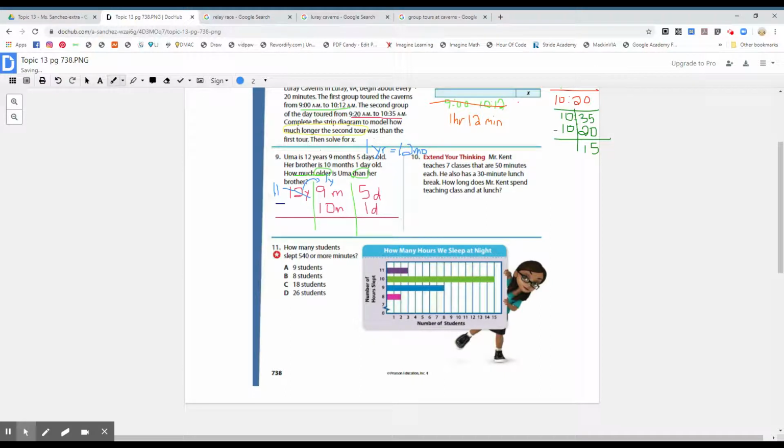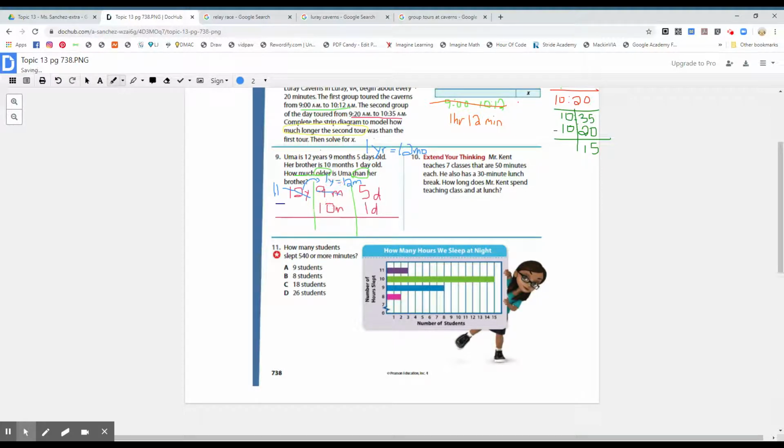Okay, so if this 1 year is equivalent to 12 months, and we already had 9 months here, boys and girls, what do you think we should do with the 12 and the 9? If it was already there, we're regrouping another 12. If you said add, great job. So 12 plus 9, boys and girls, 9 plus 2 is 11. Regroup the 1.